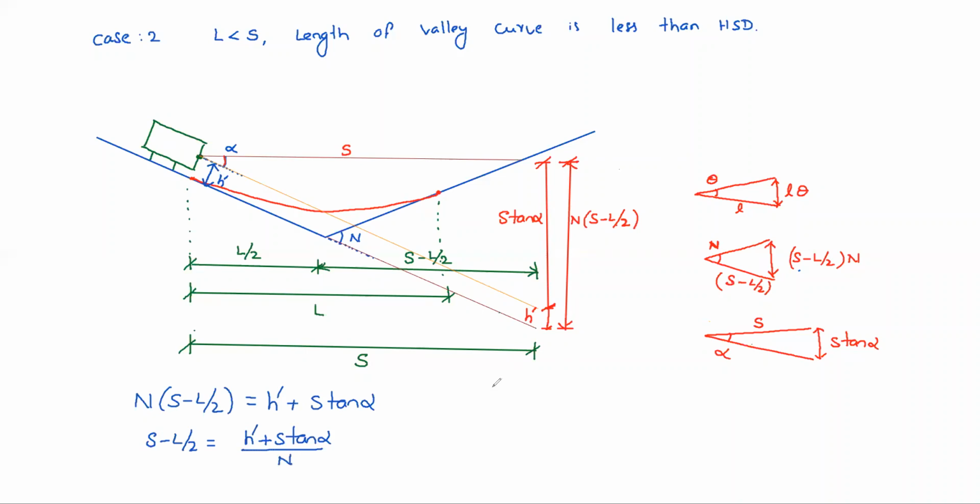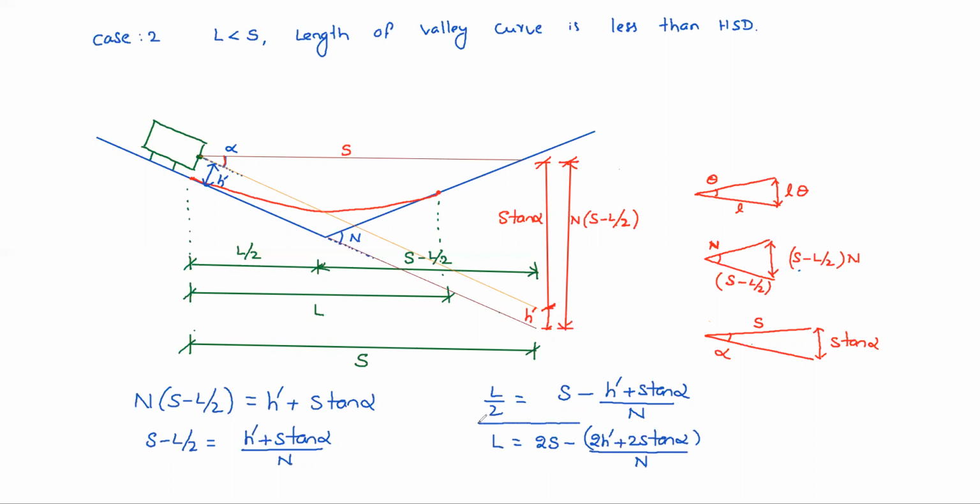Otherwise, L by 2 equals S minus (h dash plus S tan alpha) by n. Otherwise, L equals 2S minus (2h dash plus 2S tan alpha) divided by n.